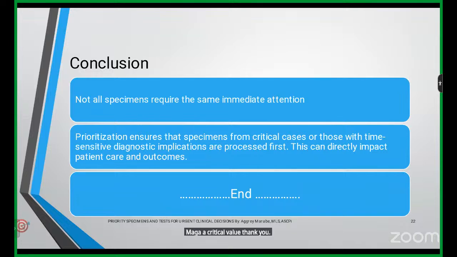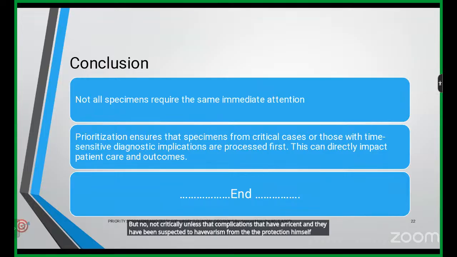Thank you. Hepatitis B in a pregnant mother cannot be regarded as a critical value as such, although it's a test result that needs to be handled with care, but not criticality, unless complications have arisen and are suspected to have arisen from the hepatitis itself.